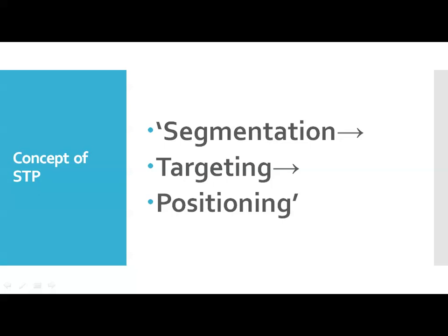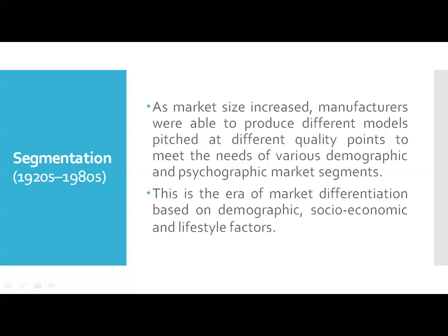Now we will see the evolution of market segmentation. The business historian Richard S. Tedlow identifies four stages in the evolution of market segmentation. First is fragmentation. The economy was characterized by small regional suppliers who sold goods on a local or regular basis.